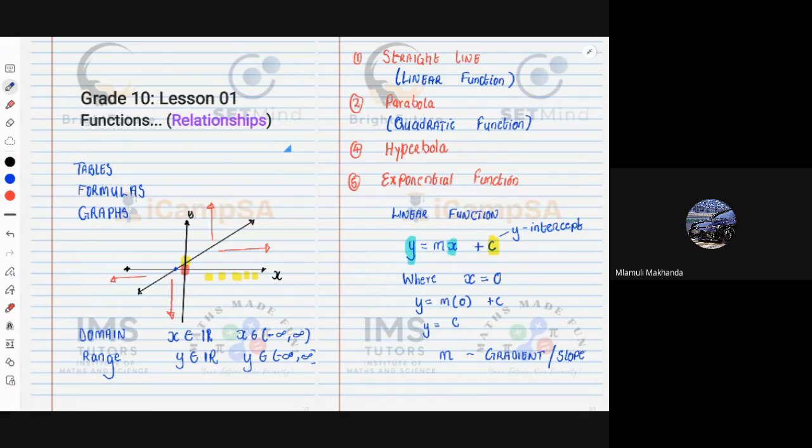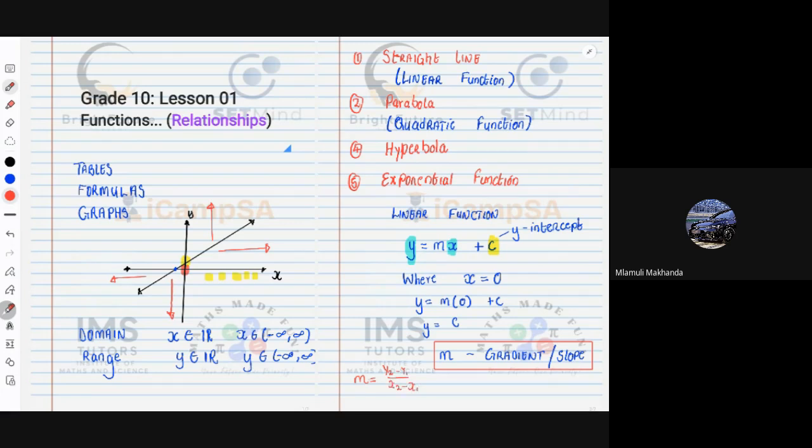Maybe just to mention one thing before we move on. Let's say we had to plot this straight line function. We're going to need two things. Each time we are plotting a straight line function, we need the gradient, which is the m. I did touch on it a little bit. The way that we find the gradient, if I remember very well, is m is equal to y2 minus y1 over x2 minus x1.